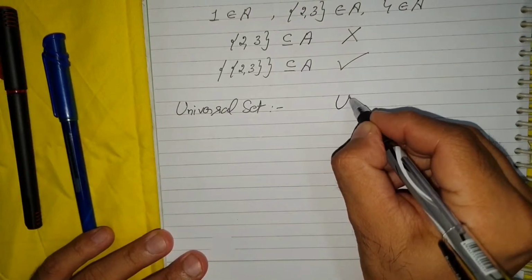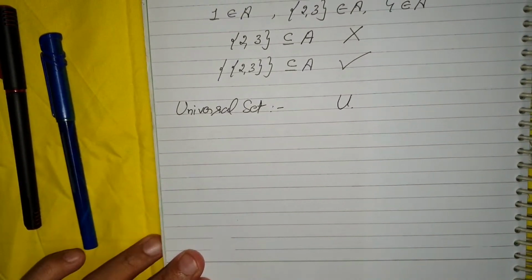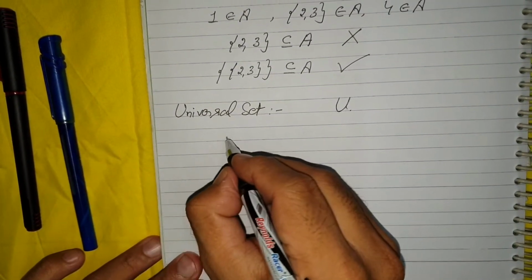Now the universal set. If there are some sets under consideration and there happens to be a set which is a superset of each one of the given sets, such a set is known as a universal set for those sets and is denoted by capital U. You can take an example.